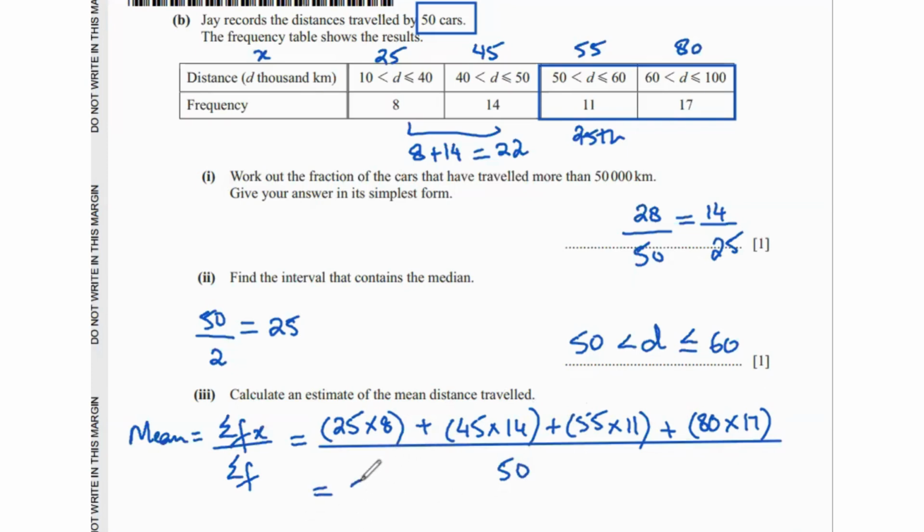So this will give you a value of 55.9 kilometers as the mean distance traveled. So remember, first you find the midpoint of the class intervals, then you multiply that by the frequency, add up all the values and divide by the total frequency.